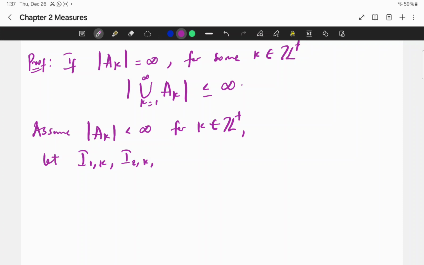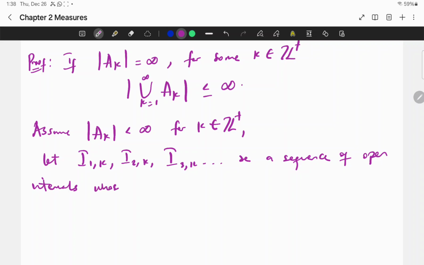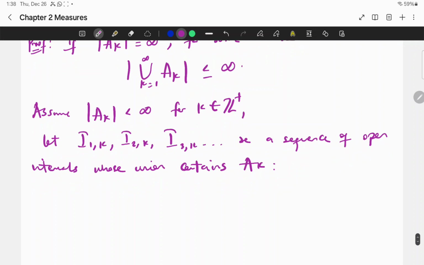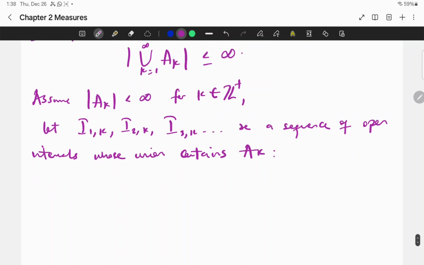So I_{1,k}, I_{2,k}, I_{3,k}, dot dot dot be a sequence of open intervals whose union contains A_k.